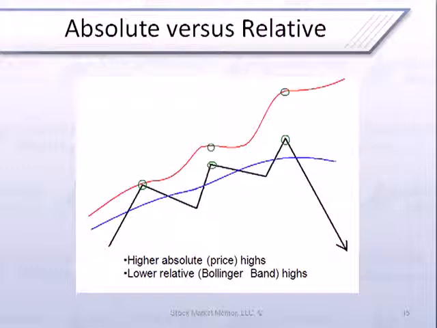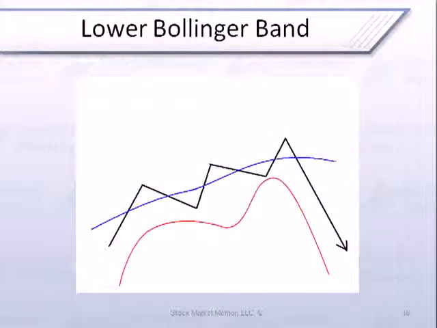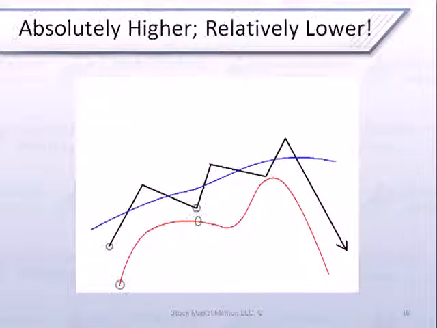Now, if we look at the lower Bollinger Band, we put this in there. Again, higher lows. What's happening though? Relative to the first one, the price is well above the lower band. That's a good thing. Next one, the price is closer to the lower band, so it's lower relative to the first one.